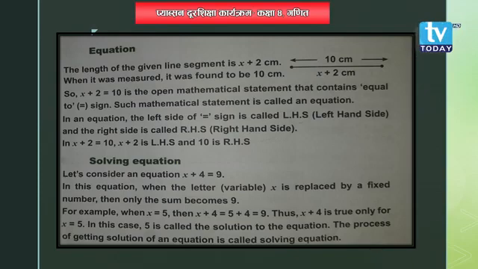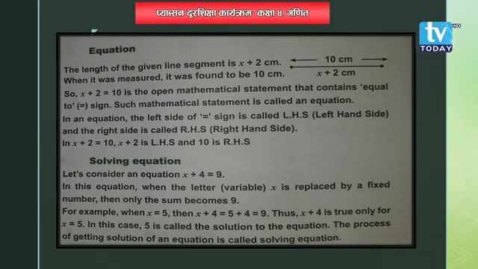So from the example, when x equals 5, then x plus 4 equals 5 plus 4 equals 9. If you put the value of x as 5, then 5 plus 4 will be 9. So thus x plus 4 equals 9 is true only for x equals 5.